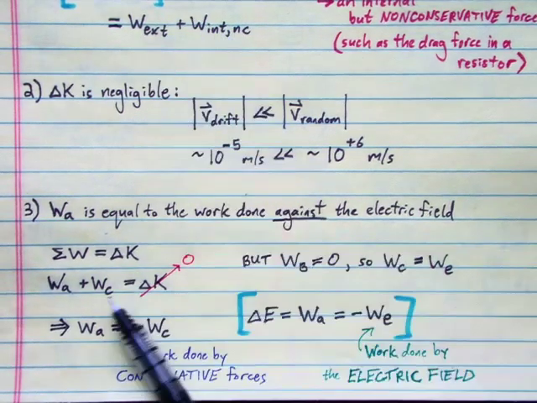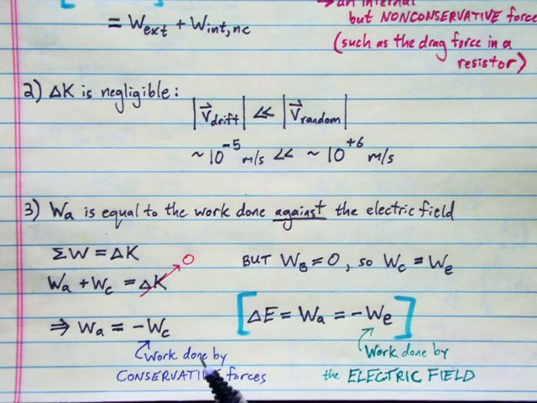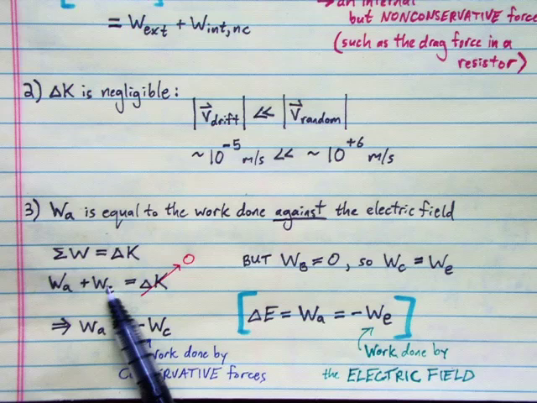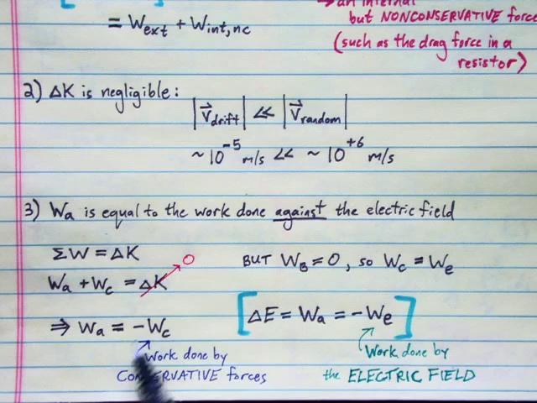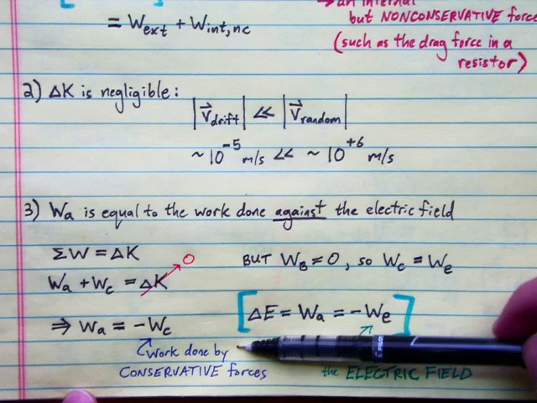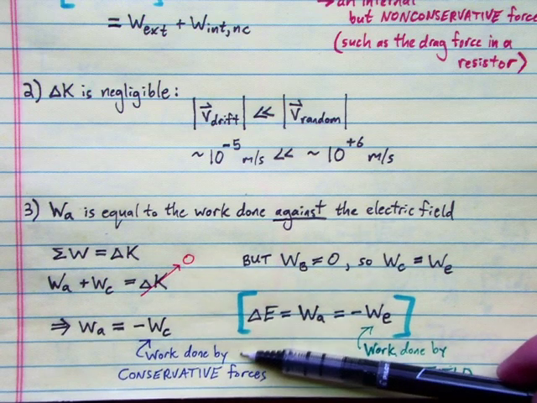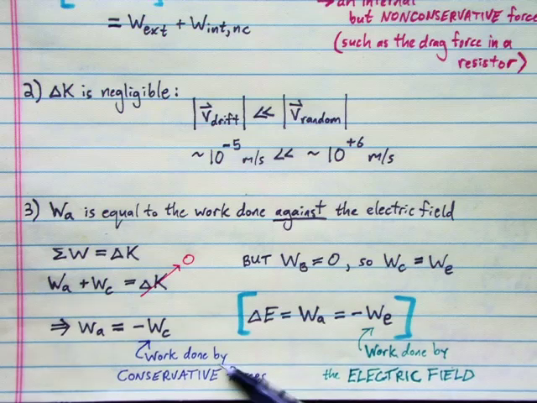Not included here would be work done by conservative forces. So the sum of these is delta K, which we've argued is negligible. So the work done by our applied forces is equal and opposite to any work done by any conservative forces on your system. So what might those conservative forces be?